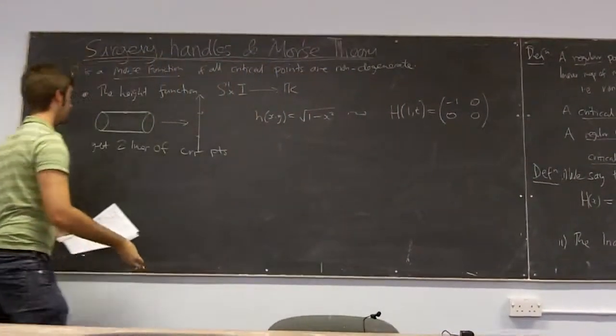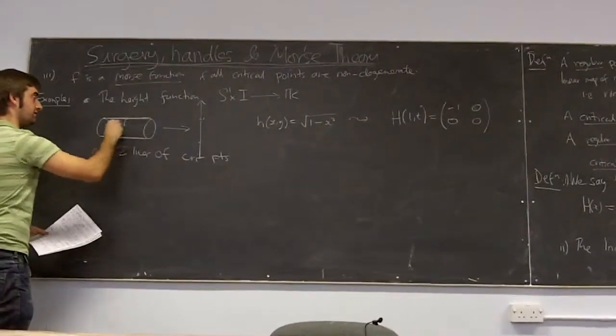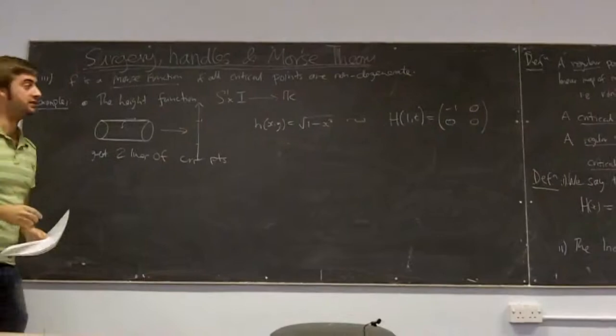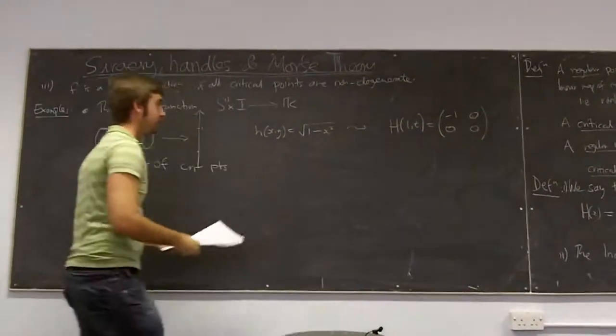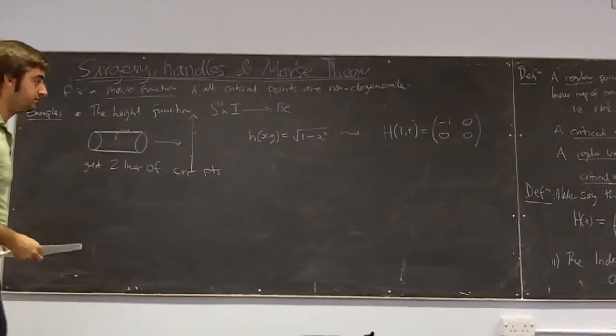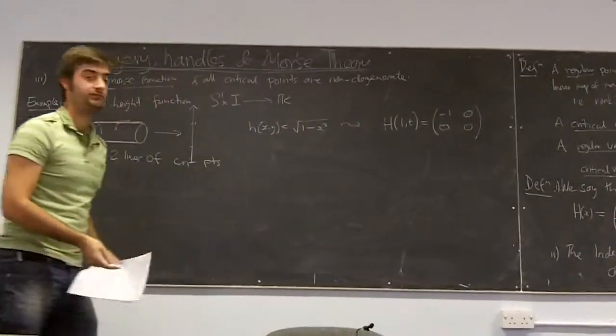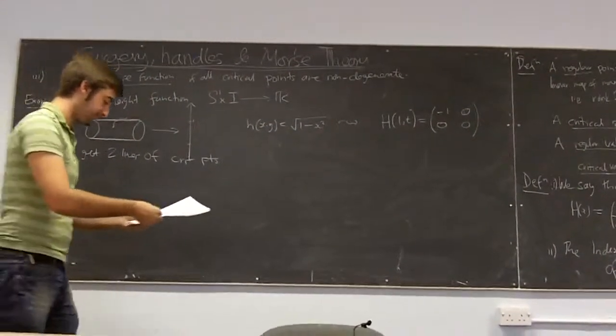So this is corresponding to the fact that if you go up in this direction, you go down, and if you go up in this direction, there's no change. So this is the minus 1 in this area. So this is not invertible, so it's degenerate.